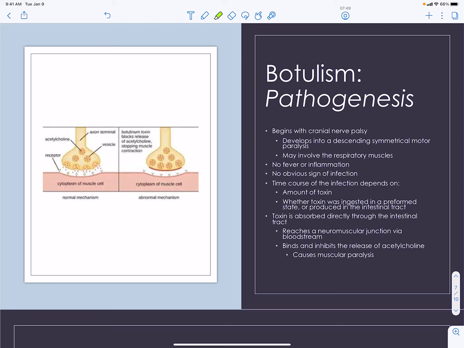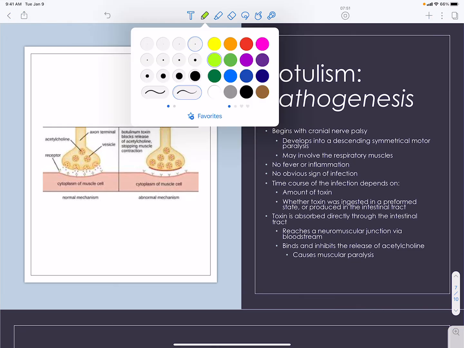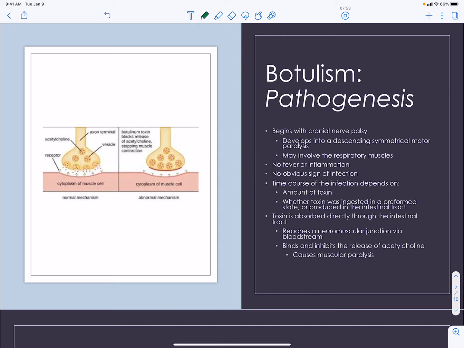Now, botulinum toxin, why it's so potent is because it's going to affect your motor neurons. So in the case of a muscle cell, typically you're going to have acetylcholine get released at the postsynaptic vesicles, and you're going to have a receptor for the acetylcholine on your muscle cells, and this is going to cause muscle contraction.